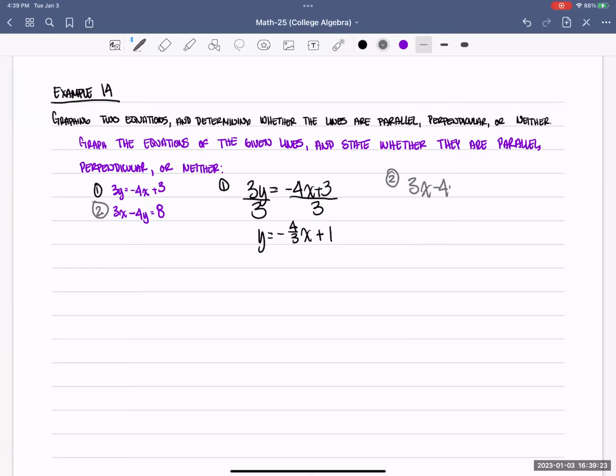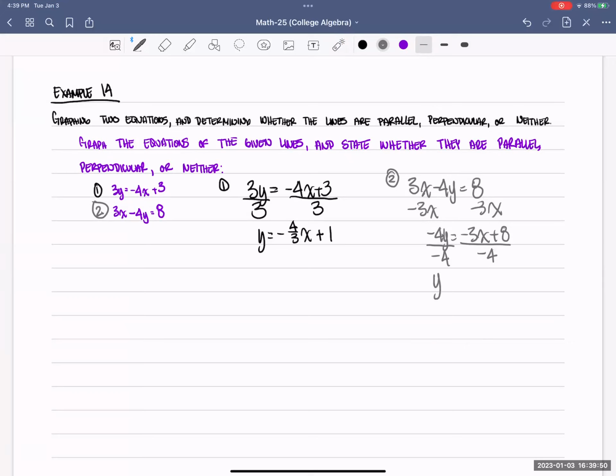Let's get equation 2. 3x minus 4y equals 8. To get y by itself, we're going to subtract 3x from both sides. We end up with negative 4y is equal to negative 3x plus 8. From here, we're going to divide both sides by negative 4 to get y by itself.